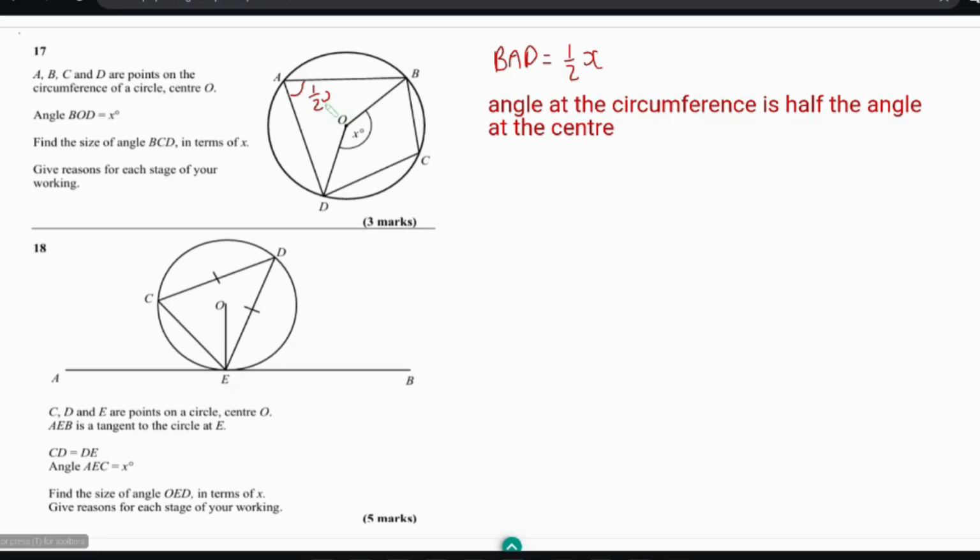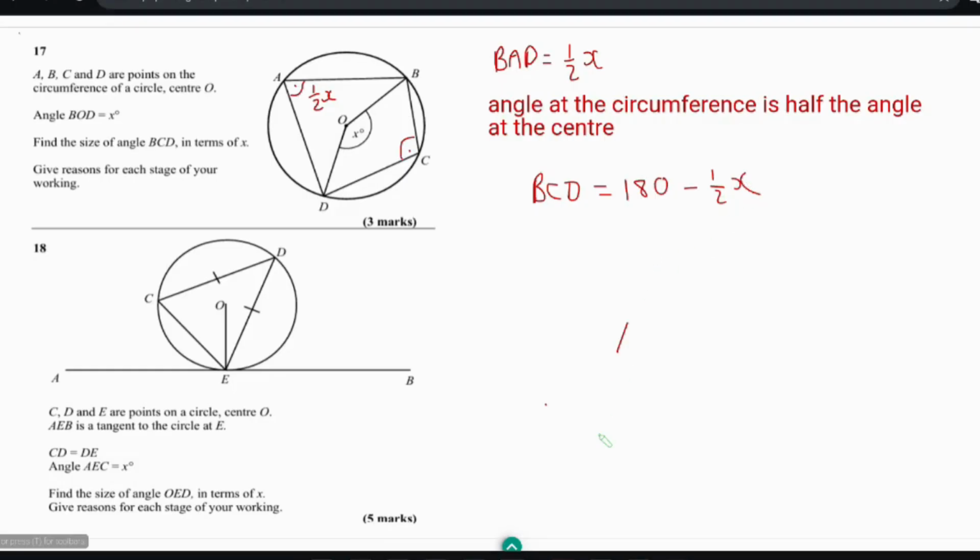So what are we looking for? BCD. Okay, so now you've got your cyclic quad. Opposite angles in a cyclic quad add to 180. So to get BCD, it's 180 minus half x.